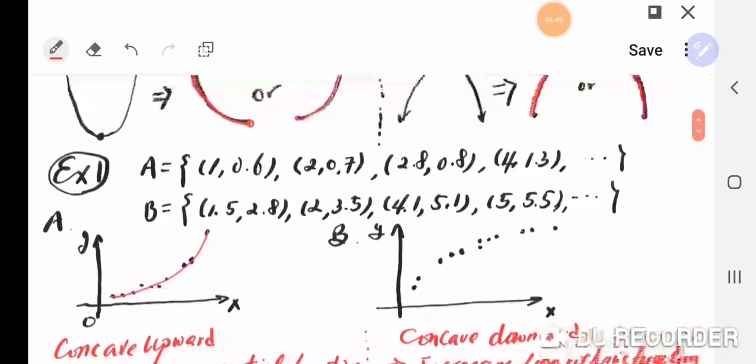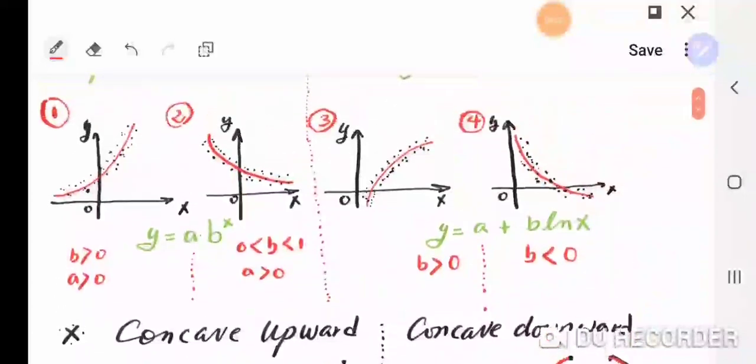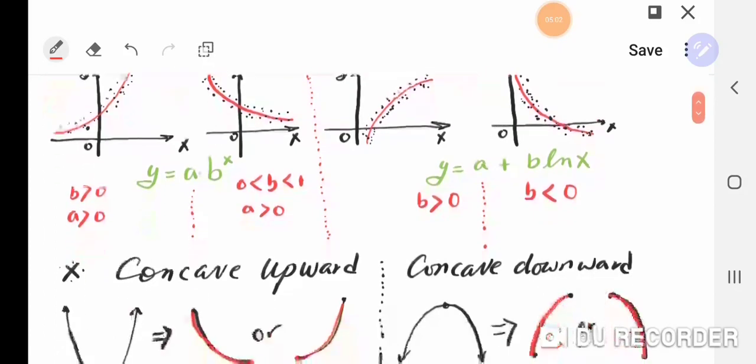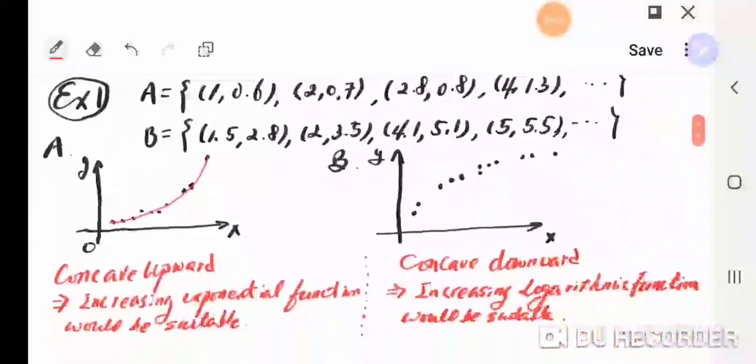If it's concave upward, then it fits graph number one. So it's more suitable for this data is exponential function. It's an increasing exponential function, so it'll be the most suitable for this data, A.